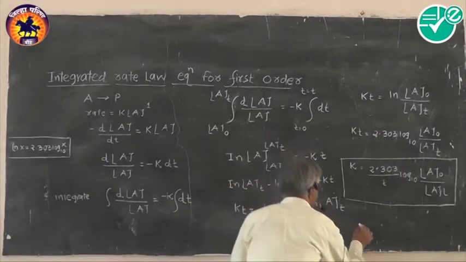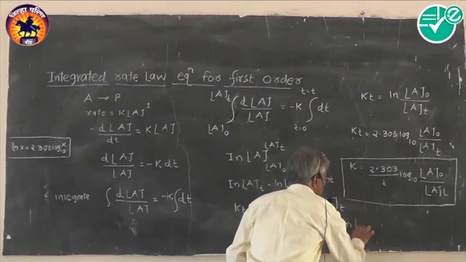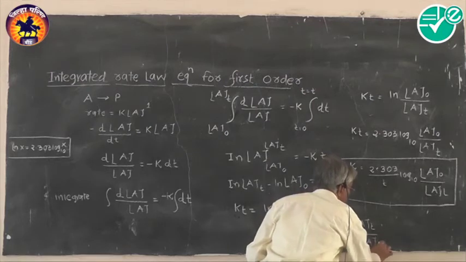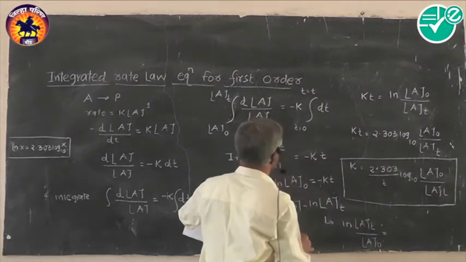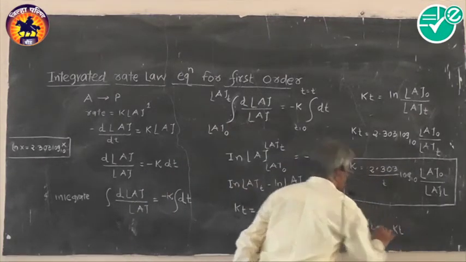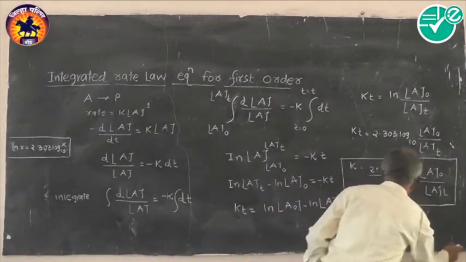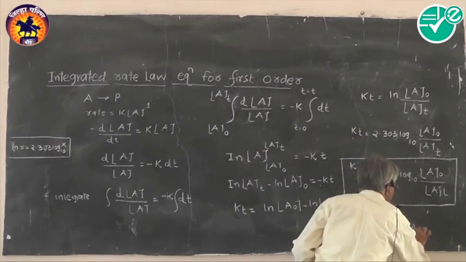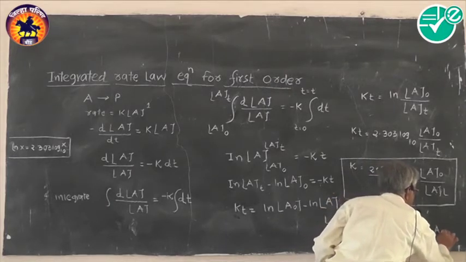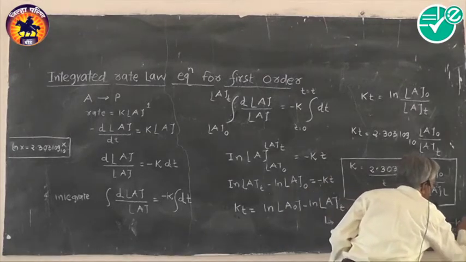From this we can have ln At upon A0 will be equal to minus k into t, and therefore converting it into the exponential form, concentration At will be equal to A0 exponential raised to minus k into t.